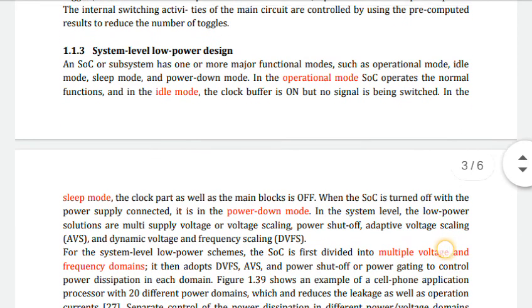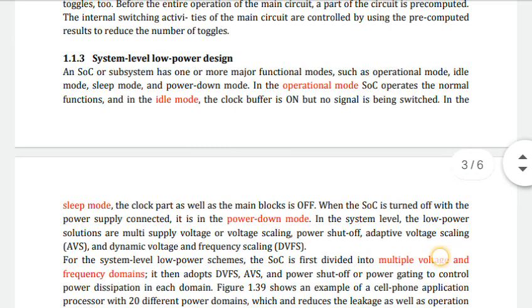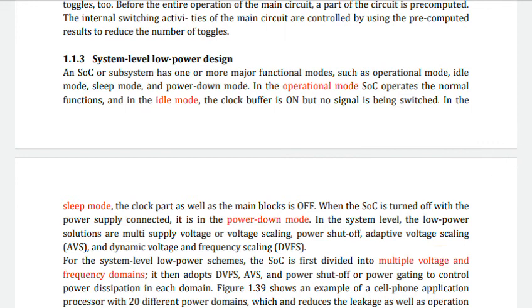Next, system level low power design. In the system level low power design, a subsystem has one or more major functional modes: idle mode, operational mode, sleep mode, and power down mode. In the operational mode, the SoC operates with normal function.